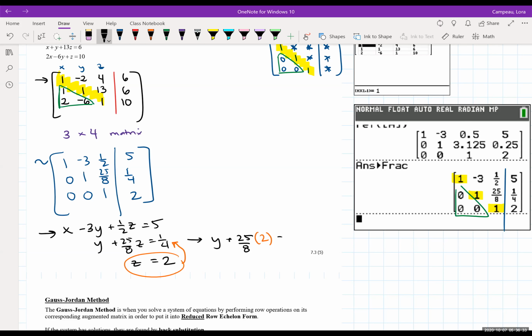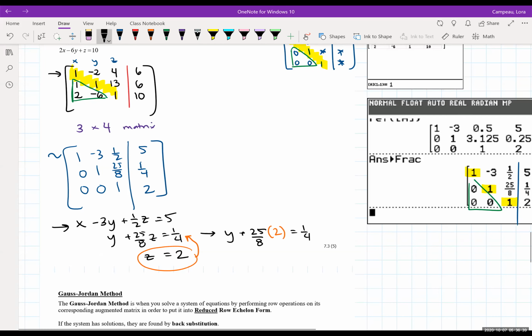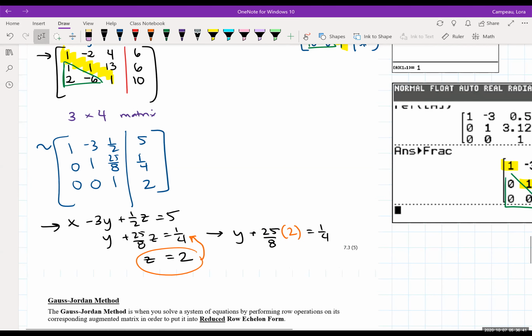A little bit of fractions coming in. We could do this by hand, that's no problem. I still have y. Now 25/8 times 2, I can do a little reducing: 2 goes into 2 once, 2 goes into 8 four times. So I should have y plus 25/4 equals 1/4.